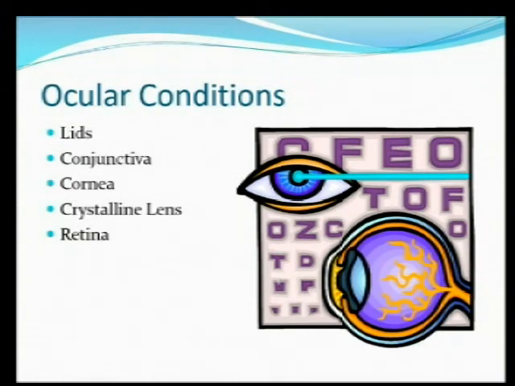And I'll try and identify each condition as belonging into one of 3 categories. The first category is where, by having this condition, it would be referred to as a contraindication to contact lens wear. As long as this condition was present or active, they should not be fit with a contact lens.